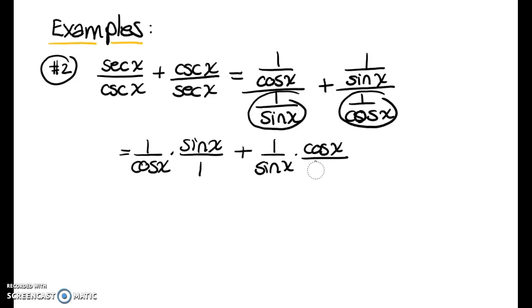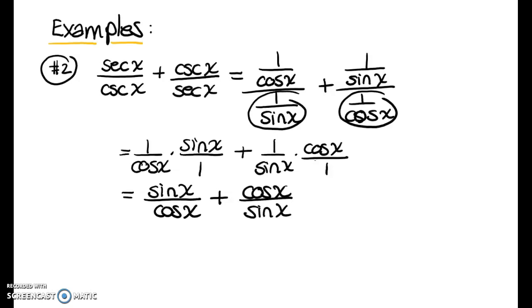So when I do that, I'm going to combine these. When I multiply, I get sine of x over cosine of x plus cosine of x over sine of x. All right, so the indicated operation is addition.